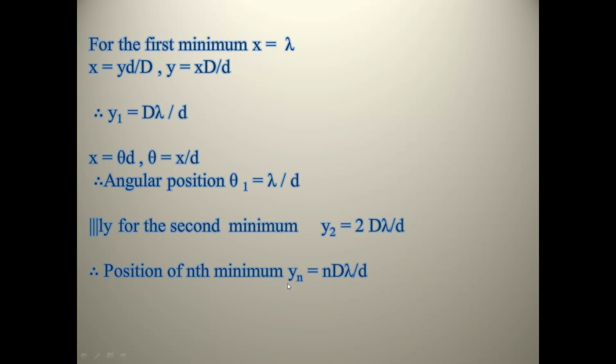And so the position of the nth minimum, yn, is equal to n D lambda by small d, and the angular position of the nth minimum, theta n, is equal to n lambda by small d.